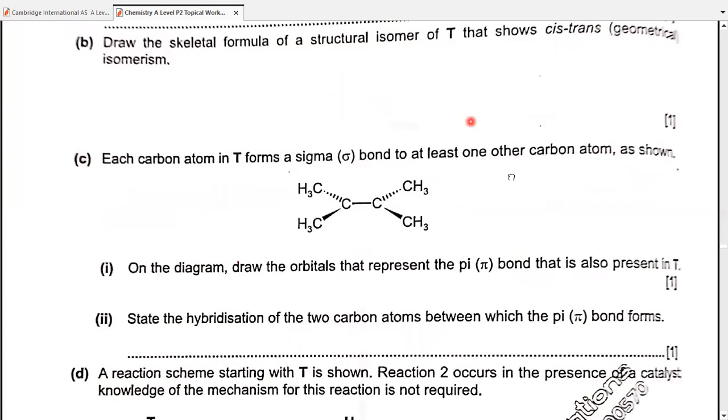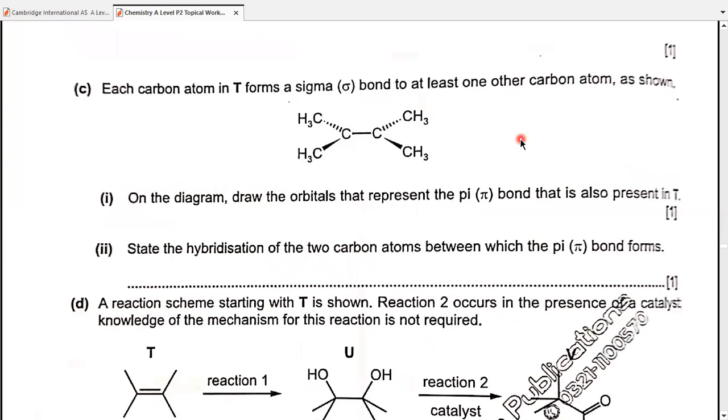Moving on, C. Each carbon atom in T forms a sigma bond to at least one other carbon atom as shown on the diagram.